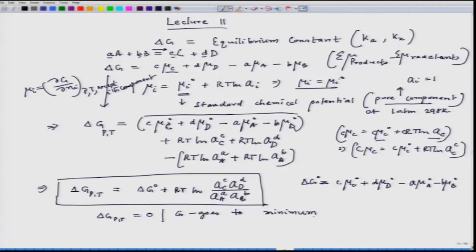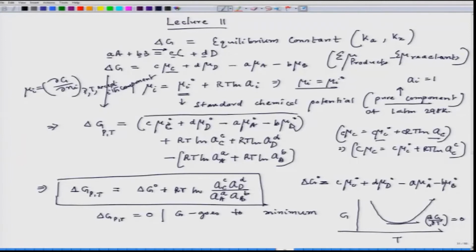For example, let us say I have the reaction coordinate and G. If I look at this graph, a schematic representation, at this point delta G at constant T and P would be equal to 0.